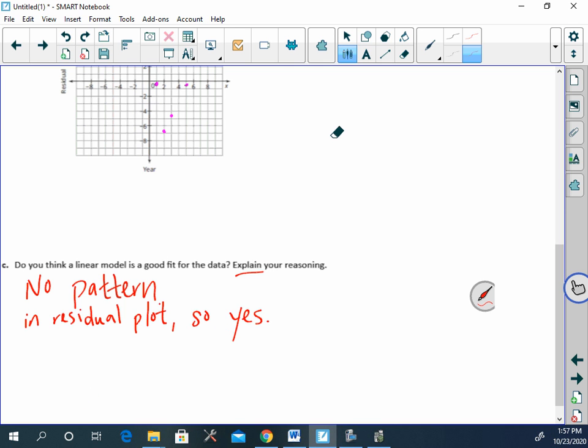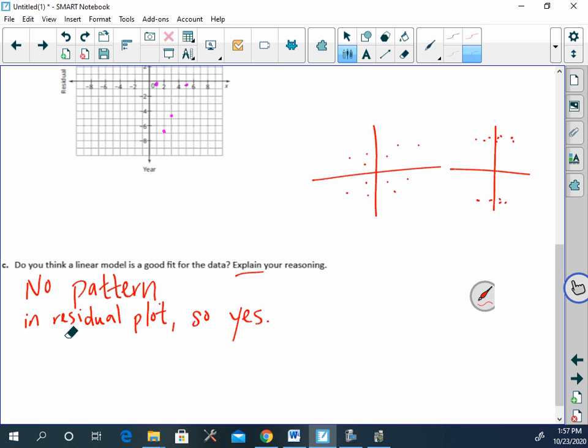If you remember, I think it was maybe page 202 in your book, if there is no pattern, so like the points seem to be pretty random, then a line is good. If there is a flat pattern, they call it, so like some points up here and some points down here where it looks pretty flat, then it's the same as this one.